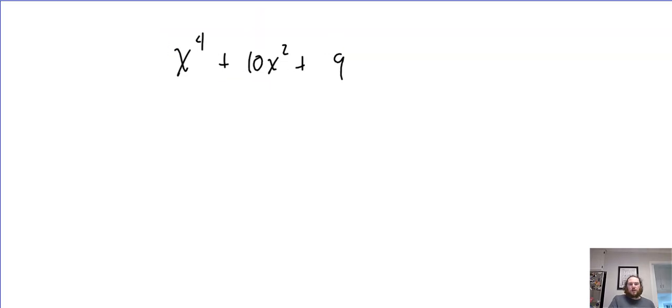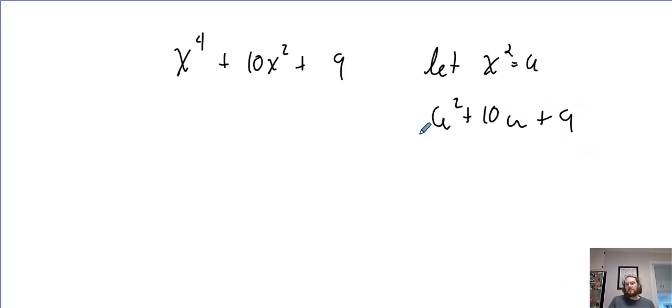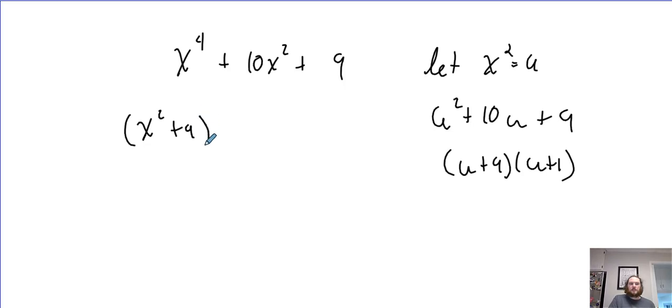Now, we can start off by letting x squared equal u, and then this becomes u squared plus 10u plus 9, a simple trinomial that we have factored previously. We get u plus 9 and u plus 1. So I can put x squared back in the place of u, and I get x squared plus 9 and x squared plus 1. At this point we would be done because those are not factorable.